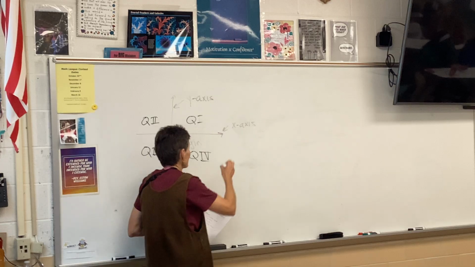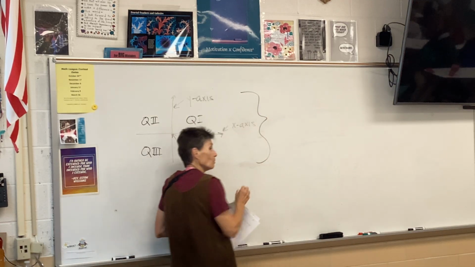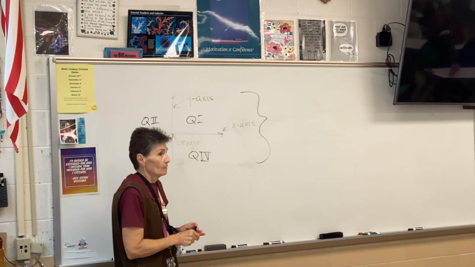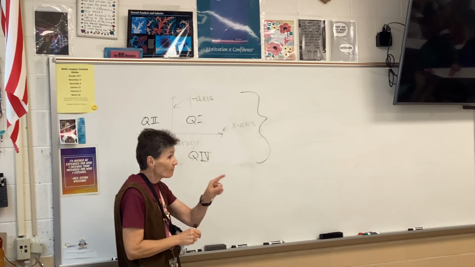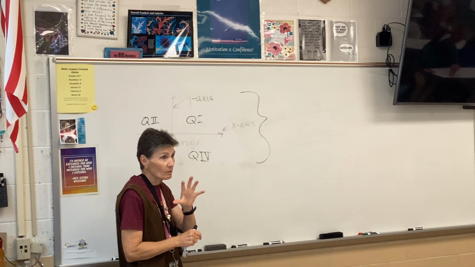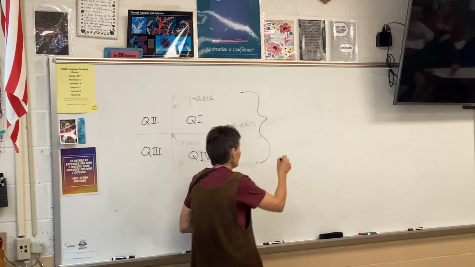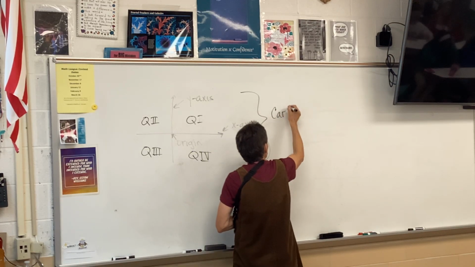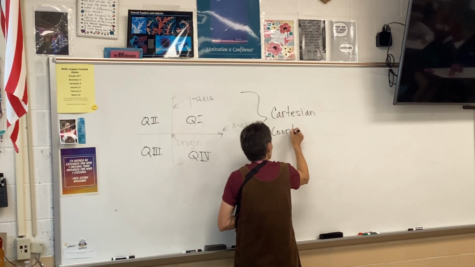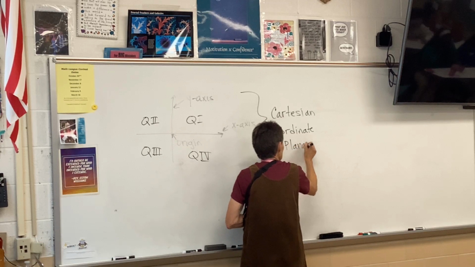This entire setup right here, you may know what it's called. It has a name. The plane. It is definitely a plane, a little bit more to it. It's called the Cartesian coordinate plane. Have any of you heard of René Descartes?